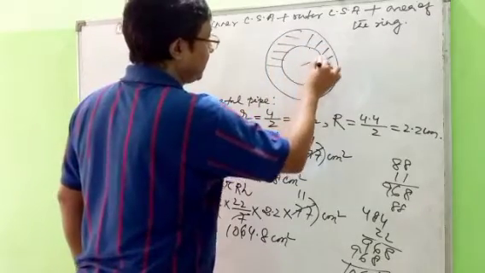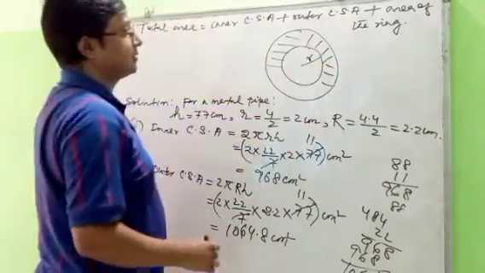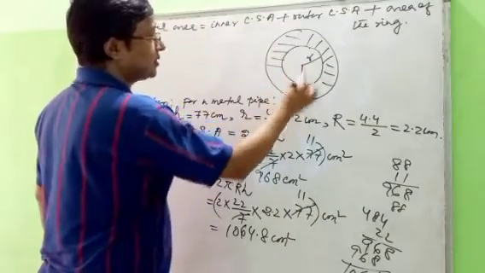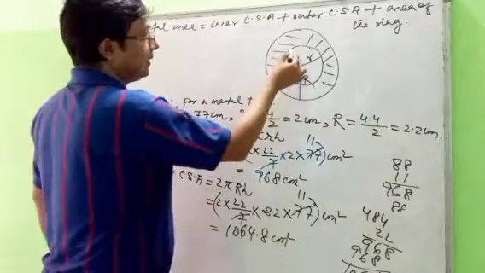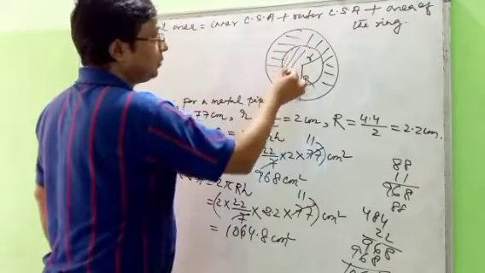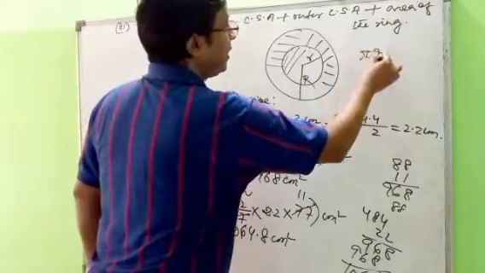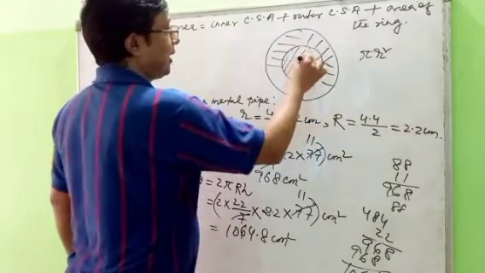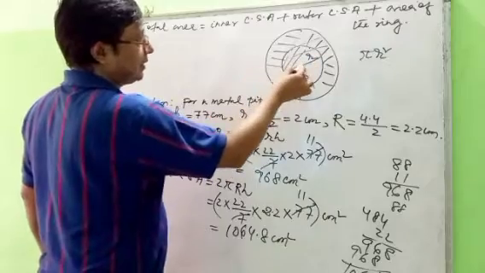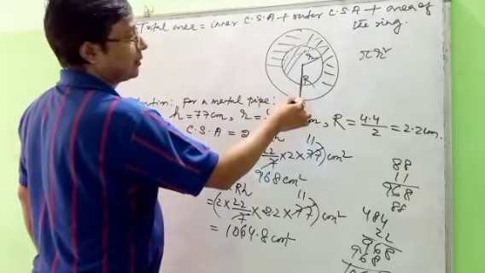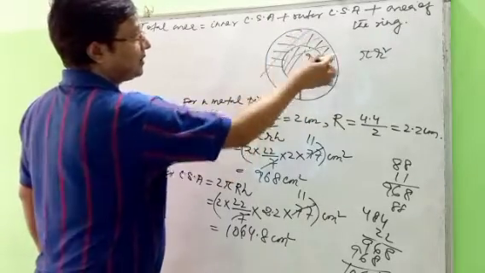here is the inner radius, small r. So this is the outer radius of this circle, the outer one. It is capital R. To get the area of this part, I have told you that you will use pi r square. And to get the whole area of this one, the radius is capital R, to cover the whole area of this circle.